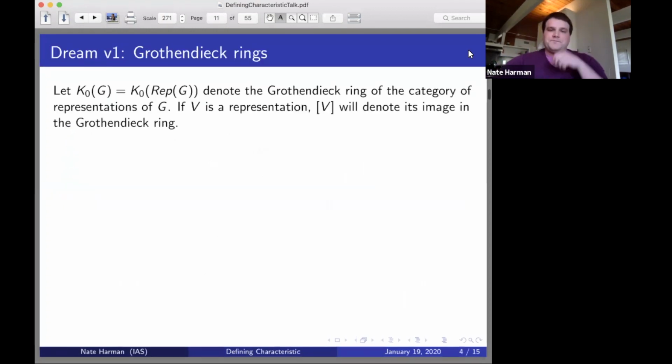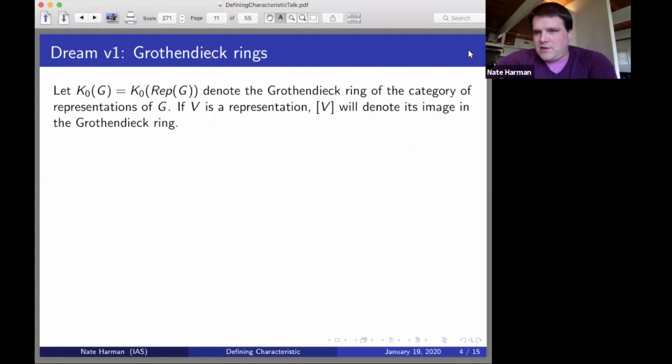All right. So I want to first prove an initial version of this theorem, a decategorified version, but it'll hopefully motivate what's going to happen in a bit. So I want to talk about the Grothendieck ring of these groups, by which I mean the Grothendieck group of the category of representations with the product structure coming from the tensor product of representations.